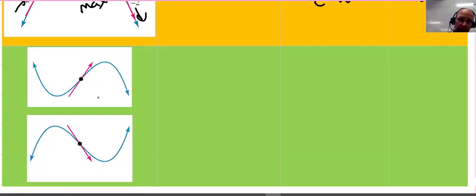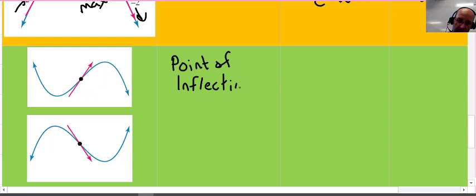The third and fourth shapes, I say shapes because these are all points of inflection, but there are a couple of different types I'm going to go through here. So this is called a point of inflection. And I'm just going to refer to that as POI in this video from here on. And we've got several types.